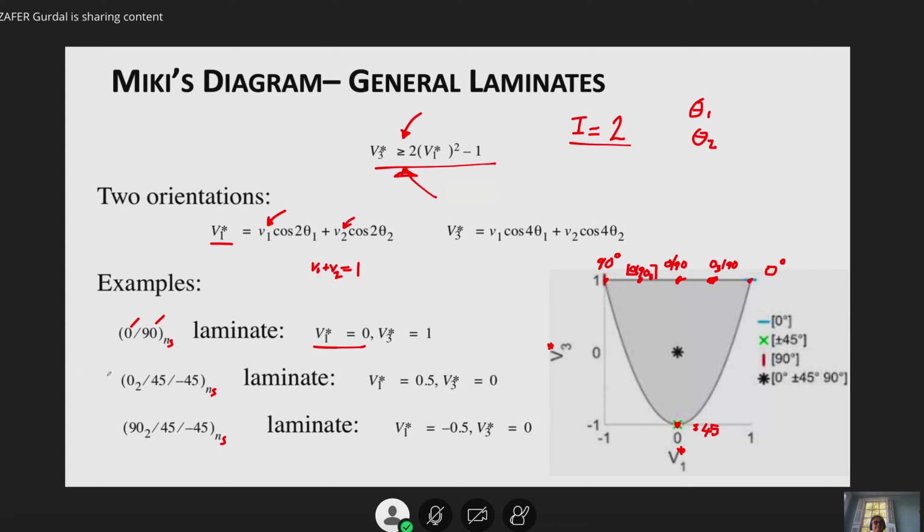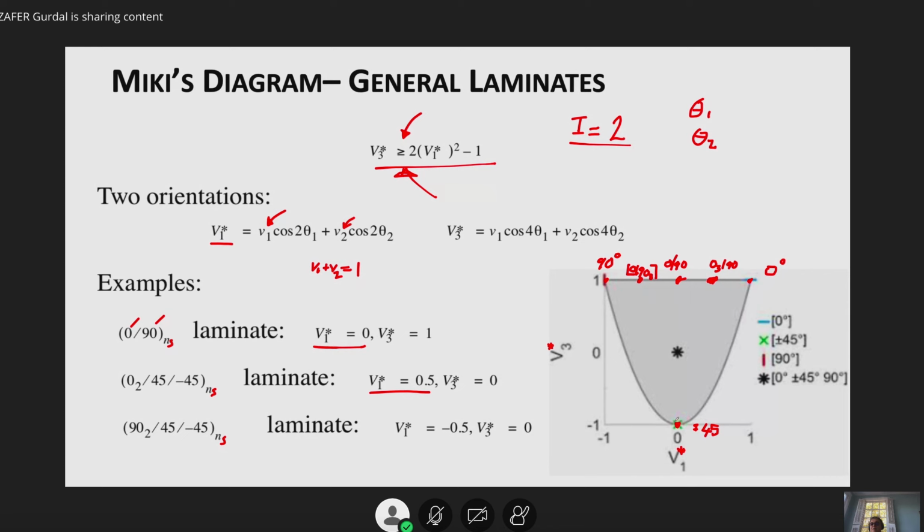If you take 0 to plus minus 45, then you get V1 star to be 0.5 and V3 star to be 0.